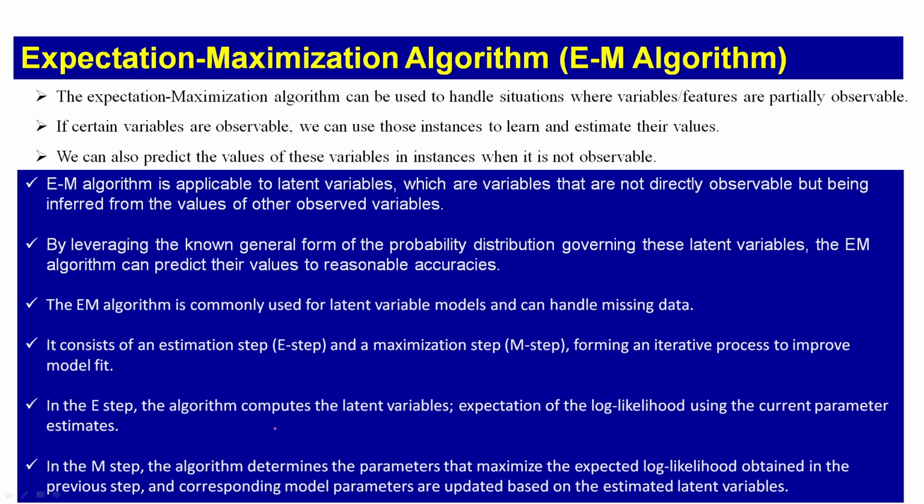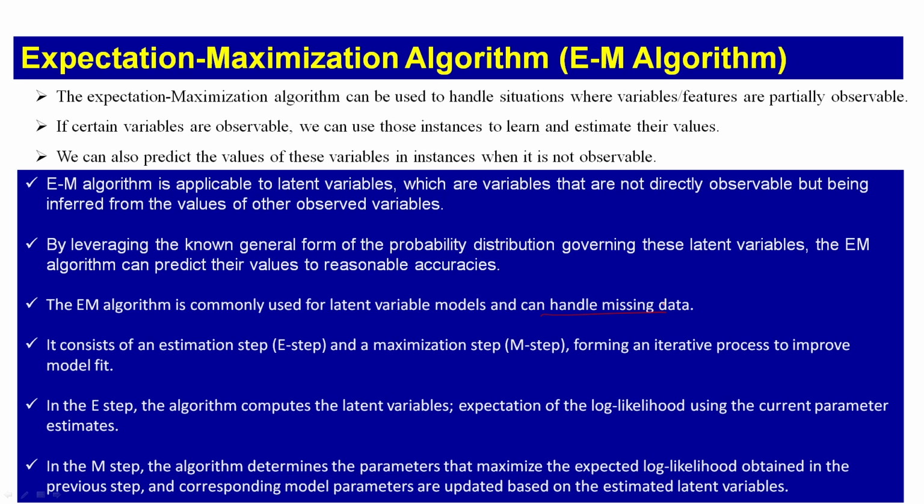Then how can you form a distribution function? Whatever values are available to you, you can form a distribution function, and using this distribution function you can basically predict the other ones with reasonable accuracy. The EM algorithm is commonly used for all random variable models and can even handle, this is important, missing data, remember this is very important.